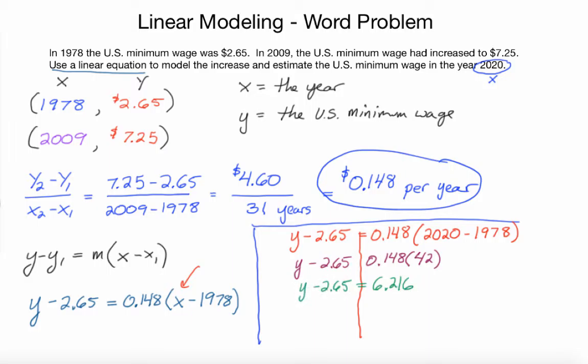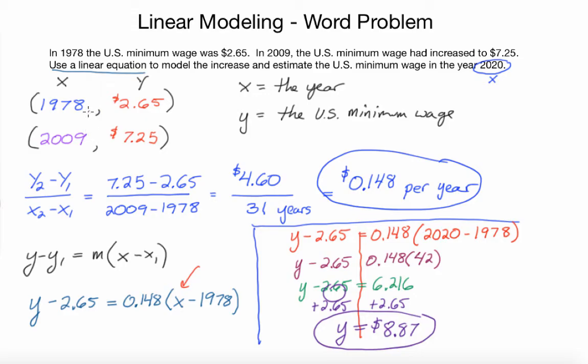And lastly, to solve for y, let's add 2.65 to both sides. So that turns to 0 plus 2.65. Approximately, I'm going to round it to the nearest penny because we want to approximate the value of the dollar. So we get 8.87.